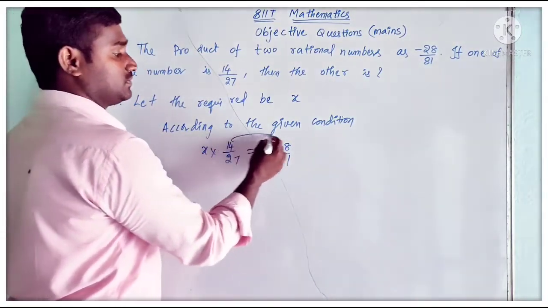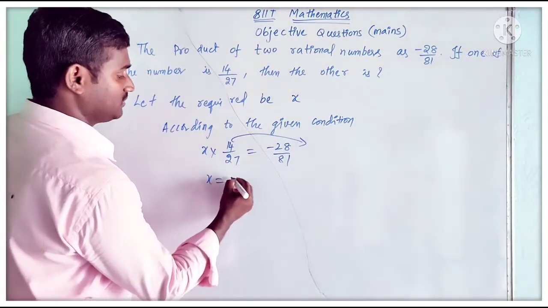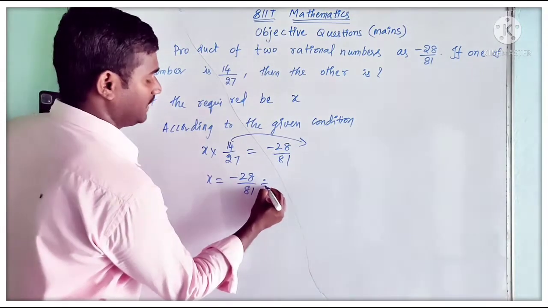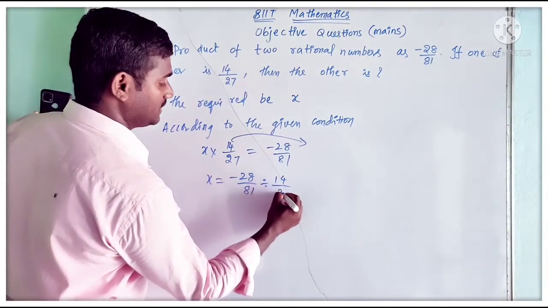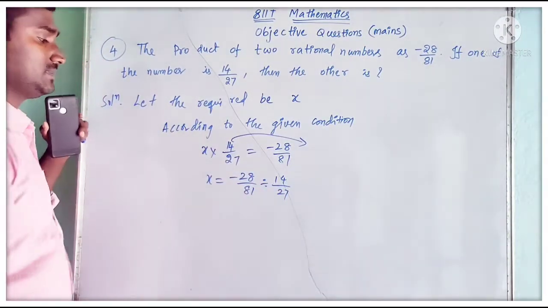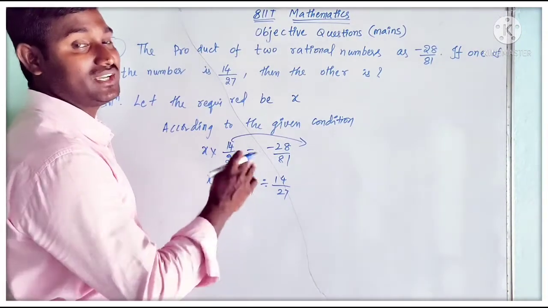So we need to transpose this 14 by 27 to the right side. It becomes x is equal to minus 28 by 81 divided by 14 by 27. If you send it to the right side, it becomes division. When you divide two rational numbers, we should take the reciprocal of the divisor.